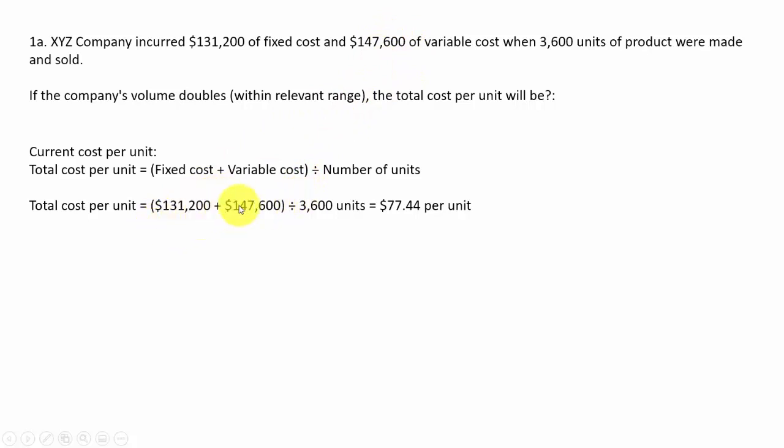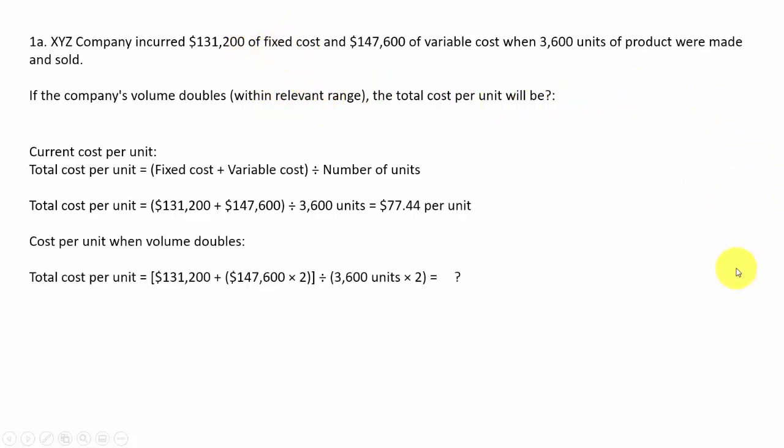We're going to add those together and divide by their current units, which are 3,600, and this will give us $77.44.